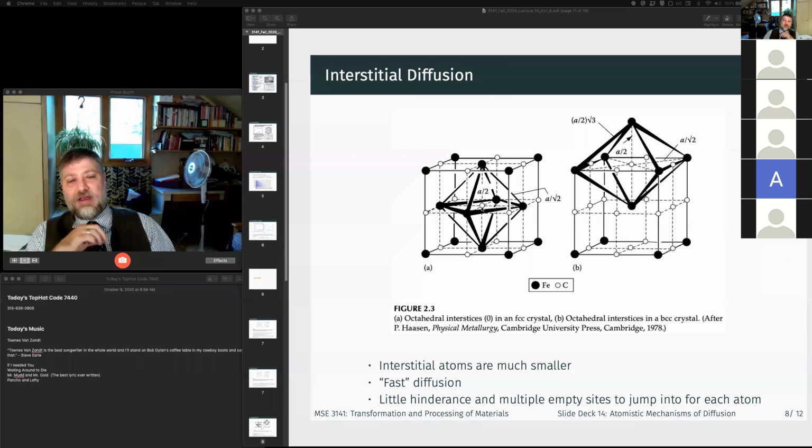Generally, the concentration of interstitial atoms is going to be small, right? In iron-carbon, the max carbon is 0.77% dissolved in the ferrite. And so that means less than 1% of carbon atoms have a carbon atom in a neighboring interstitial site.